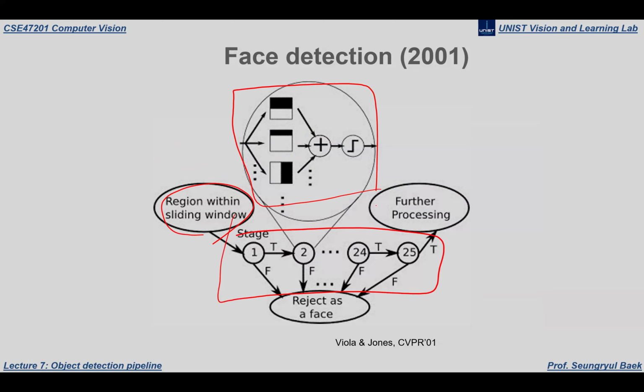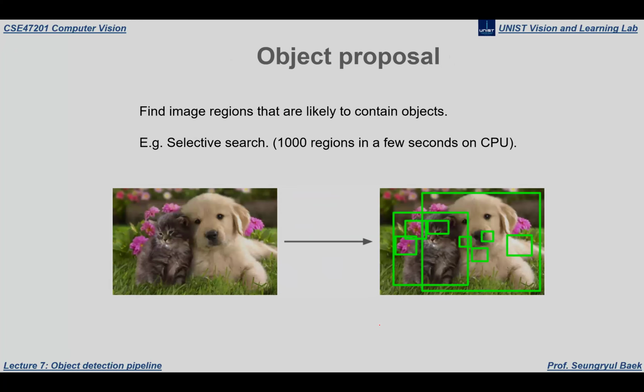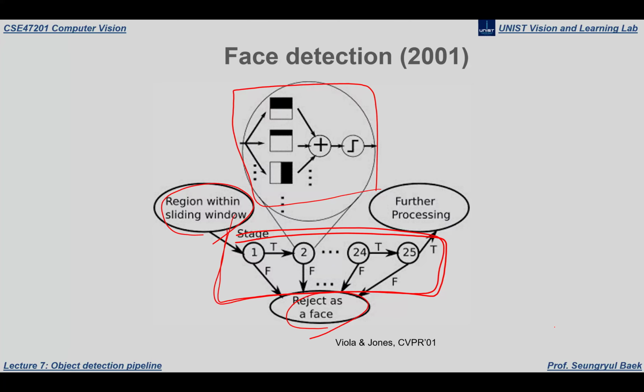They extract that feature from inside the sliding window and then apply the boosting algorithm, which is a shallow learning algorithm, to classify that region as face or non-face. This is one of the famous algorithms, but we cannot actually apply this scheme with a CNN because CNN has a lot of parameters within it, so it may take a lot of time.